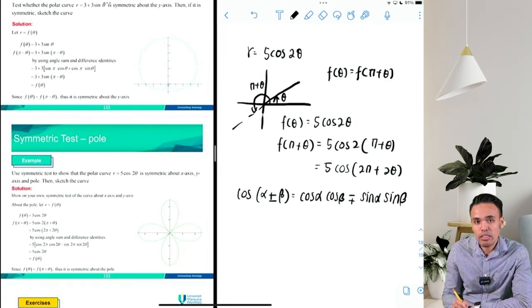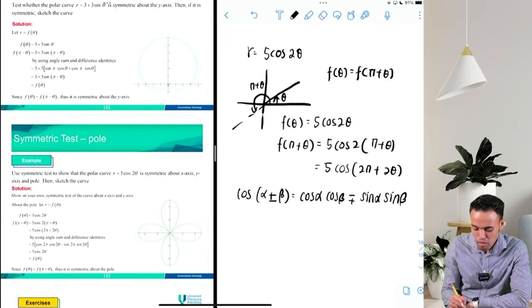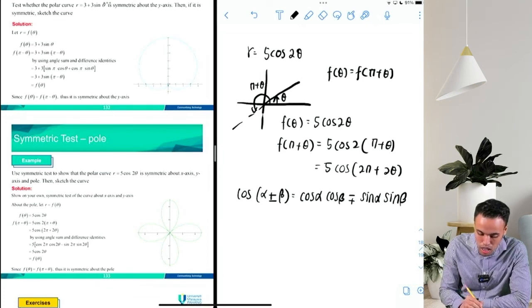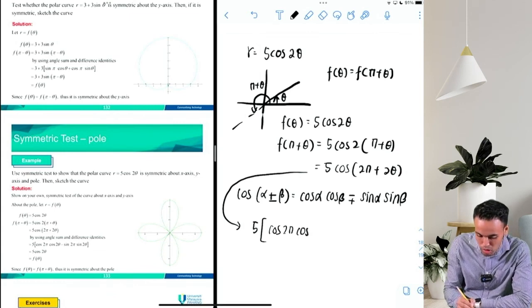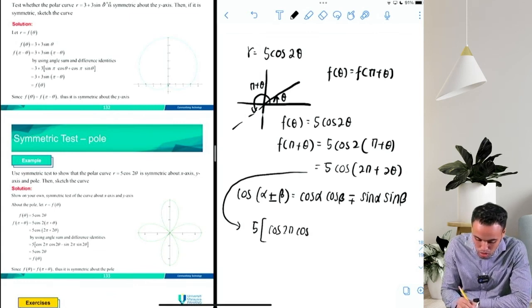By using this formula for the cosine function, I will get 5 cosine 2 pi cosine 2 theta minus sine 2 pi sine 2 theta.